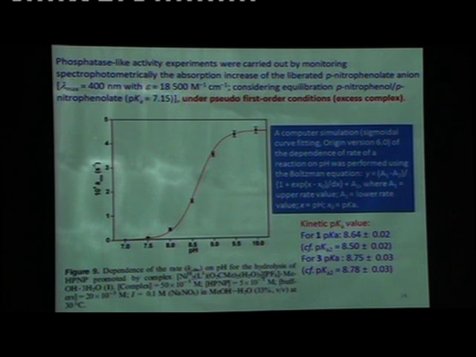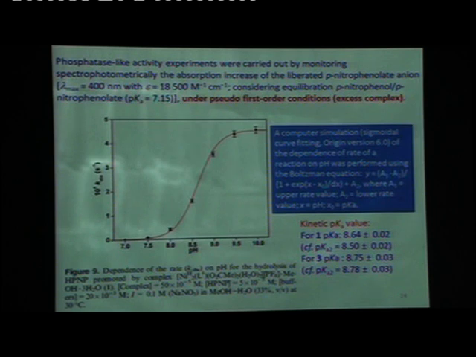And if you get the k-obs, you plot it against pH, then change the pH and do the experiment again, then another pH and again the experiment. So as the pH changes, you follow the rate constant of hydrolysis, or even transesterification, of HPNP and monitor the whole thing.